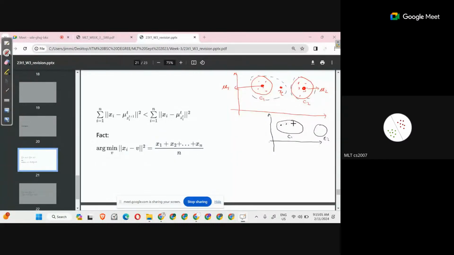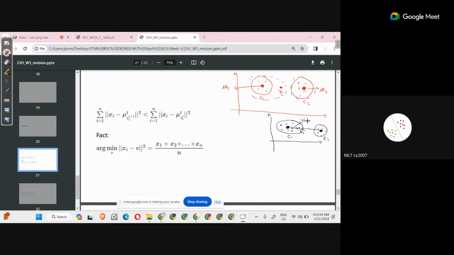But here is our point xi, and here we have another centroid, another cluster. The way I have drawn it, it looks closer to this one. But assume the distance between here and here is lesser, although the diagram doesn't look like that.